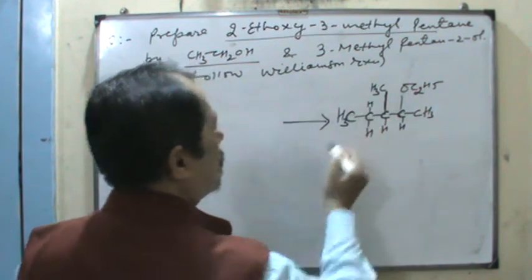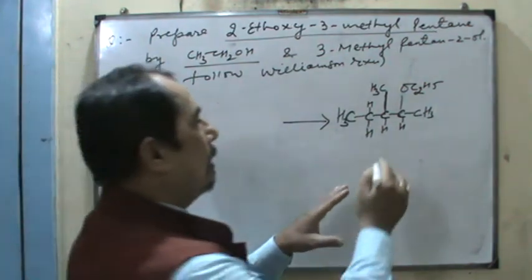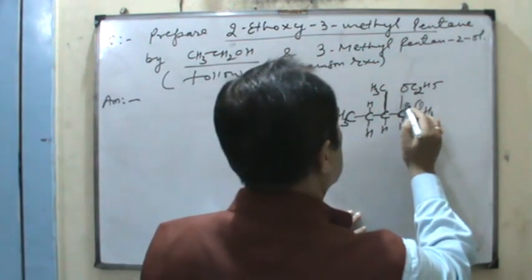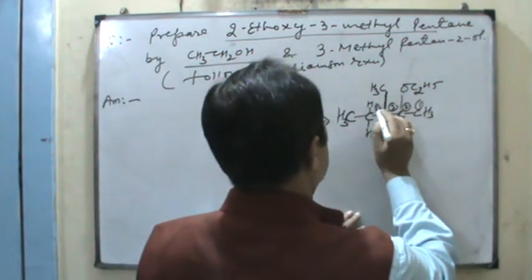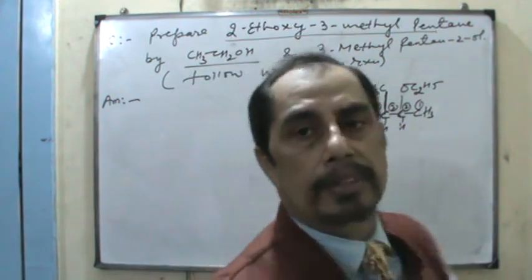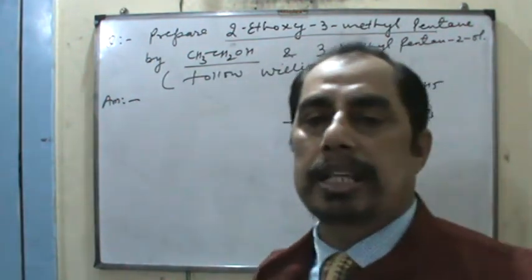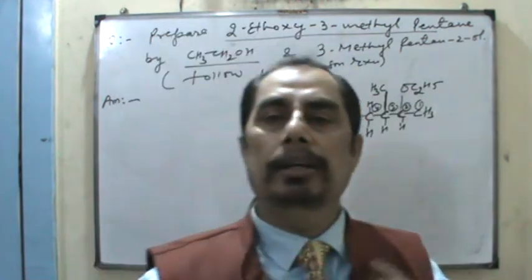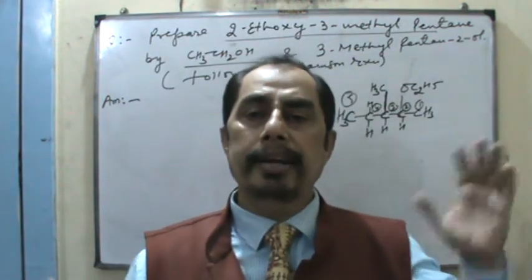This is the product. So first draw the structure of 2-ethoxy 3-methyl pentane.